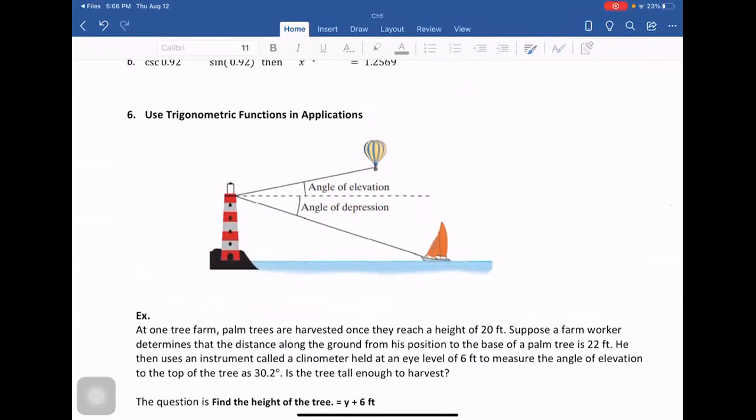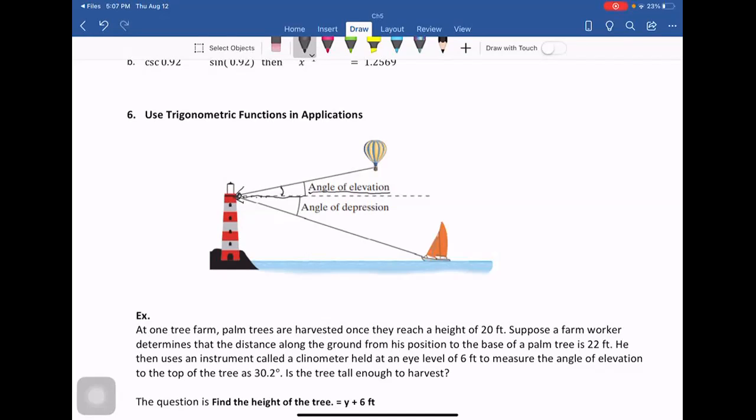Okay, let's move on to this example. Use the trigonometric function in applications. Here I need to claim two definitions. One is angle of elevation. Angle of elevation is an angle measured upward from a horizon line of reference. So if your eyes are here, you are looking, and here is a horizon line, and you measure upward from the horizon line.